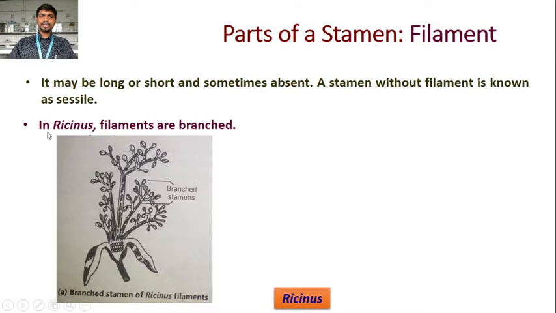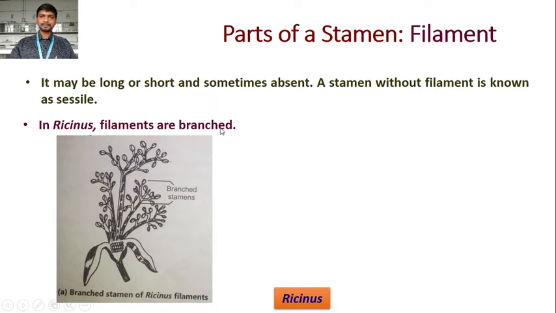In Ranunculus, filaments are branched. In this diagram we can see that the filament of the stamen is branched. So branched filament is seen in Ranunculus, where we can say the stamen is branched because the filament of the stamen is branched.